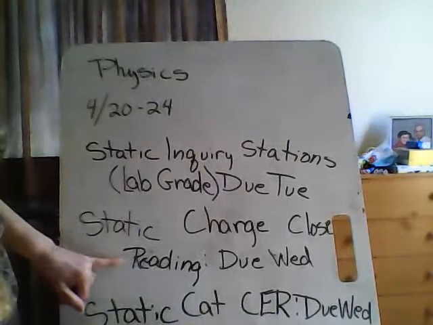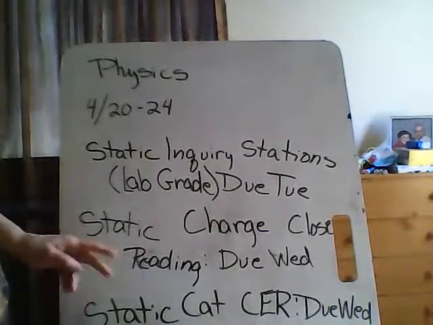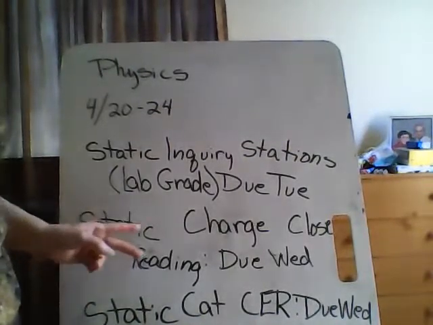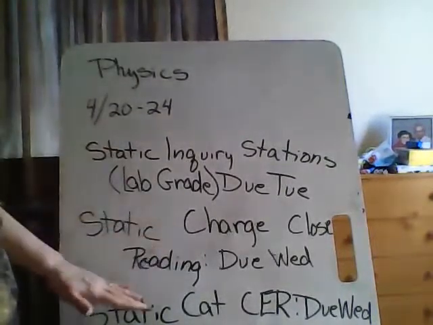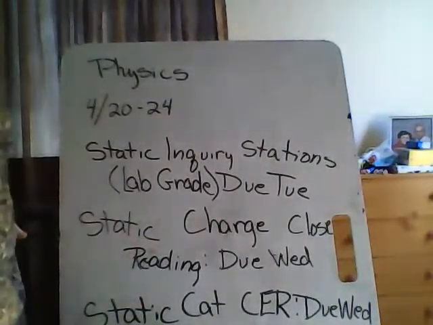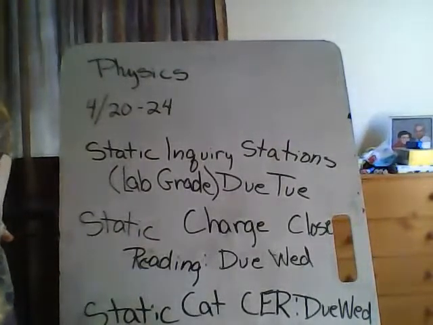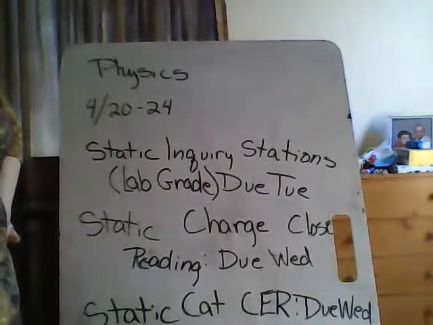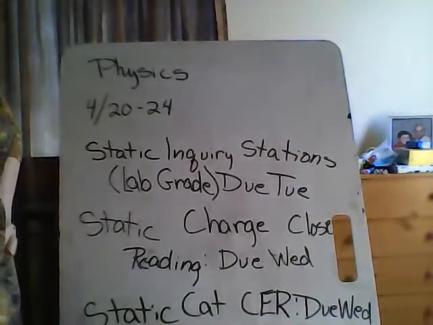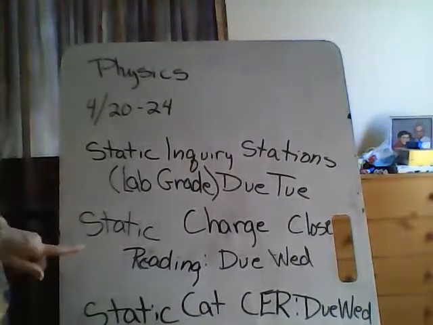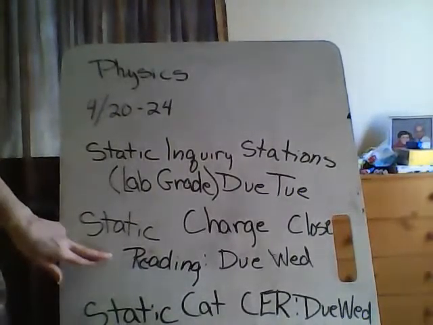You can just type it in a doc. And this time I have given each person a copy of those two documents. So you shouldn't have to download them or copy them to your drive. I'm learning, getting better at this Google Classroom. I hope that you are too. So that is due on Wednesday.